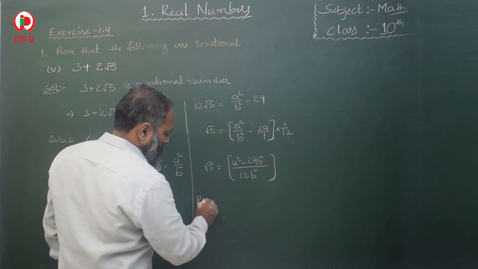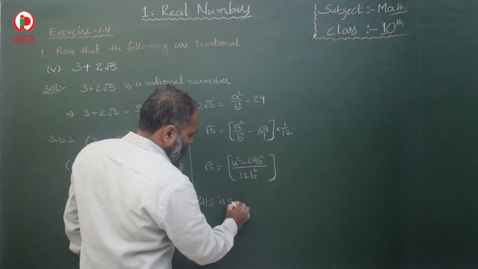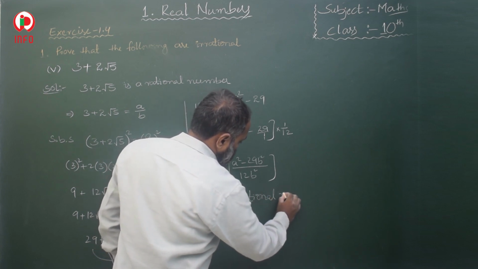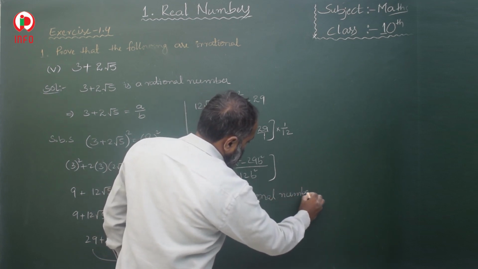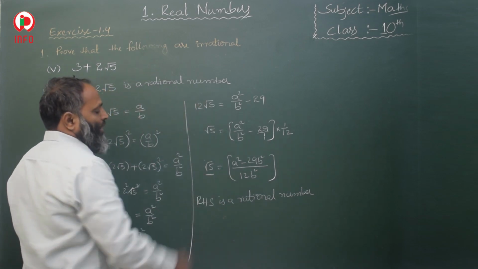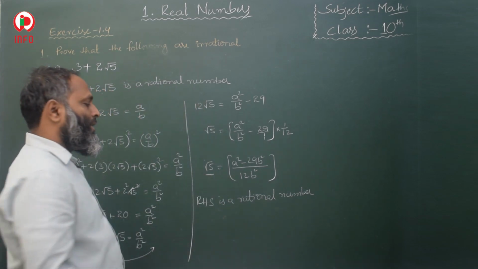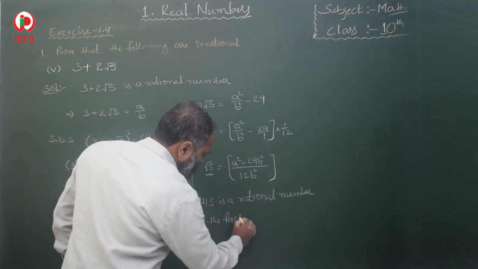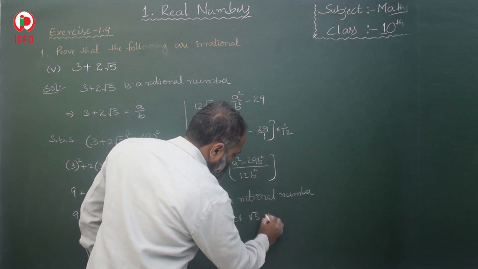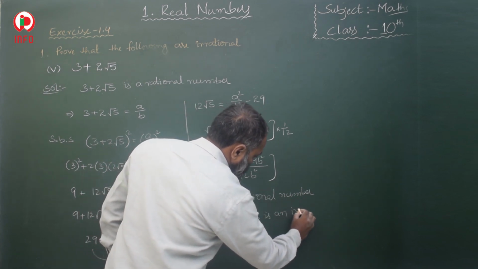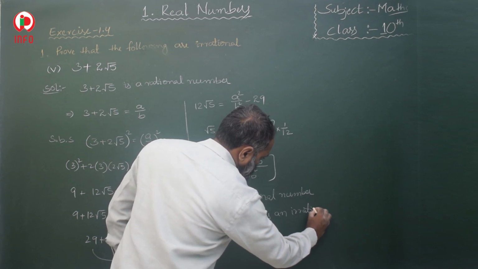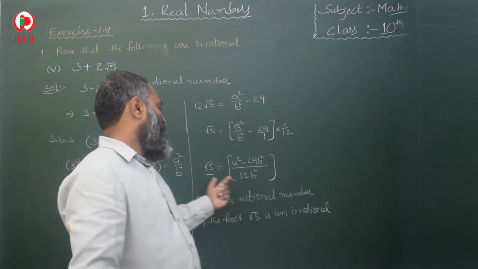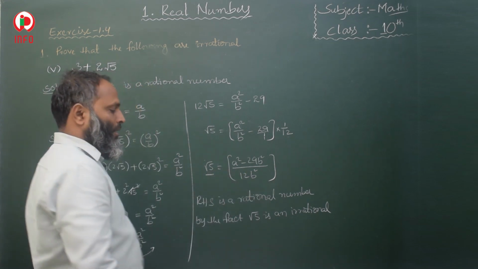LHS is root 5, and RHS is a rational number. By the fact, root 5 is an irrational number. This is an irrational number and this is a rational number. An irrational number is not equal to a rational number.